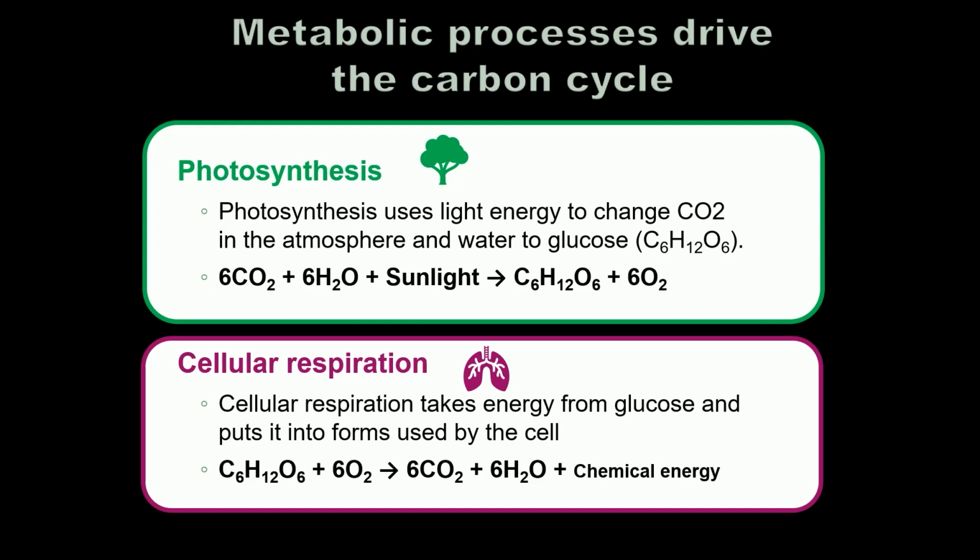But if we do some accounting, down here we have the balanced chemical equation for photosynthesis. You'll see that it takes 6 carbon dioxide molecules and 6 water molecules, 6 H2O molecules, in order to make 1 glucose molecule. Now that makes sense. Each carbon dioxide molecule has only 1 carbon, and we end up with 6 carbons over here in the sugar.